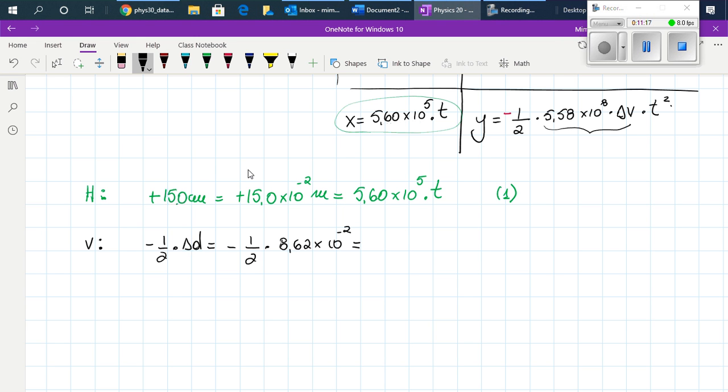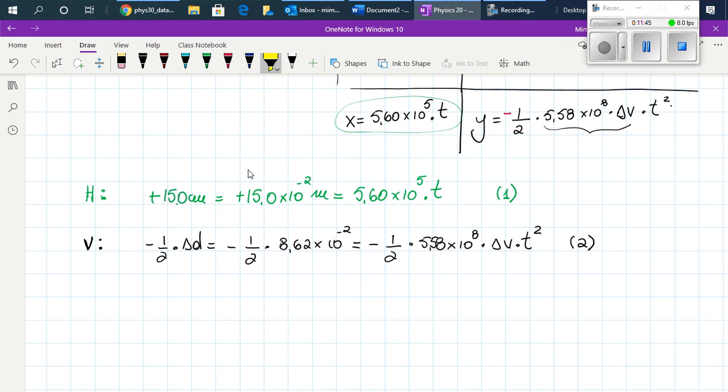And from the relationship that we found, it is equal to negative 1/2 times 5.58 times 10 to the power of 8 times delta V times delta T squared. And this is equation 2 that is coming from the vertical, which is the non-uniform motion.